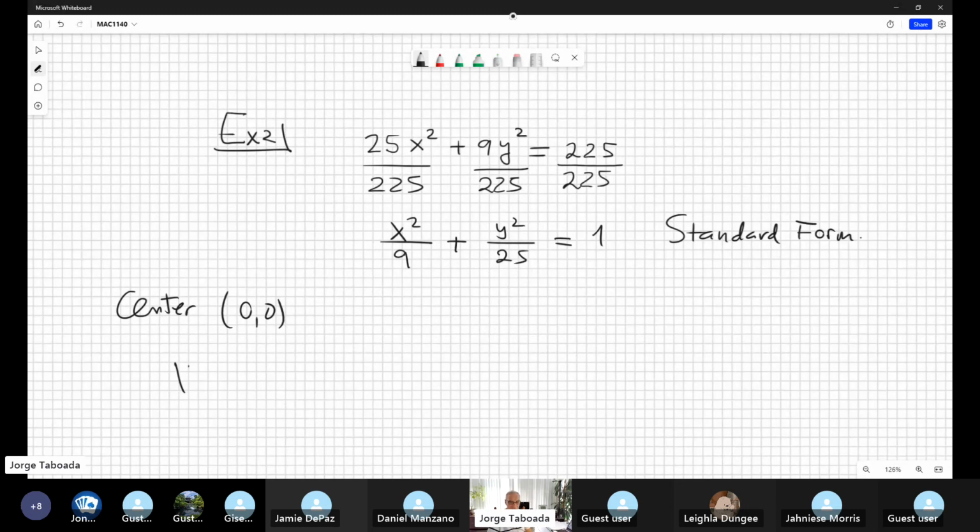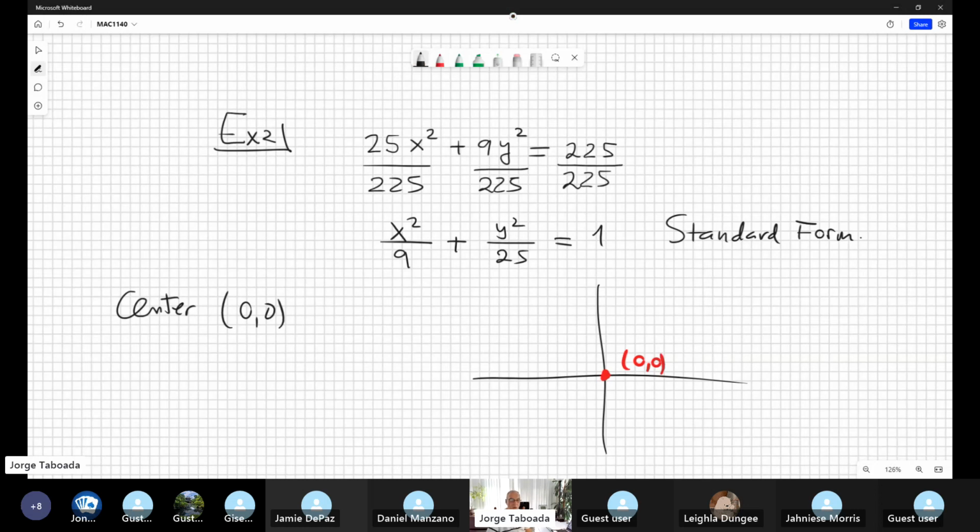When you take x plus or minus h, this is the horizontal shift transformation, and when you have y minus k or plus, that is the vertical shift. But there is no shift. H and k are 0. So when I want to do my graph by hand in the rectangular coordinate system, I know very well that my center is located here in the origin, 0, 0.